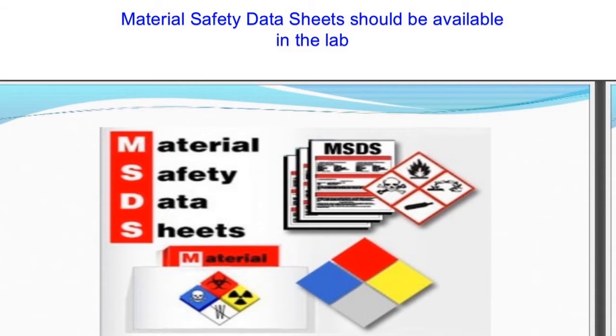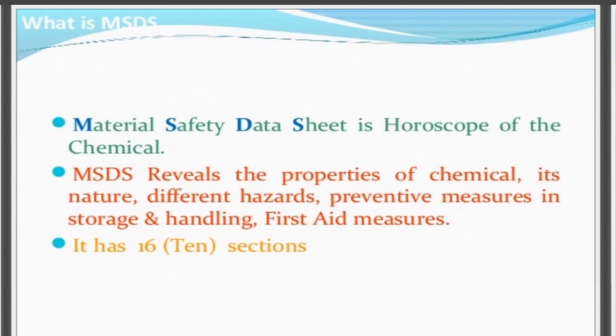Material safety data sheets, that is MSDS sheets, should be available in the lab. The MSDS is very important, and it should be available in all labs. MSDS is the horoscope of the chemical. MSDS reveals the properties of the chemical, its nature, different hazards, preventive measures in storage and handling, first aid measures, etc. It has 16 sections.